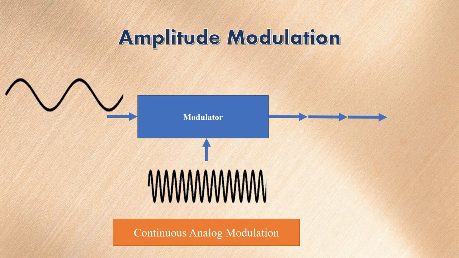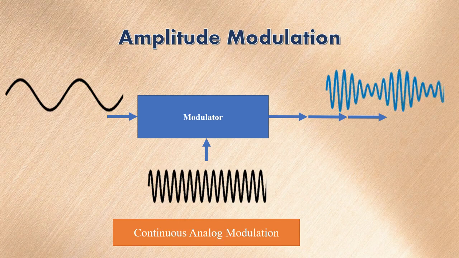And in amplitude modulation, the modulated signal has the frequency of the carrier signal and its amplitude varies in accordance with the amplitude of the message signal. So the parameter is amplitude. The amplitude of the carrier signal is varied in accordance with the amplitude of the message signal.